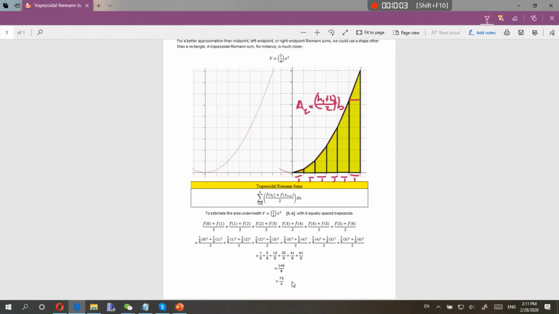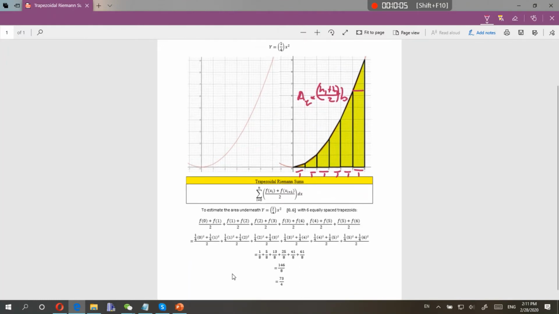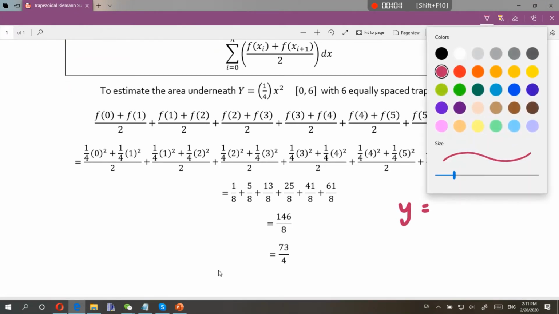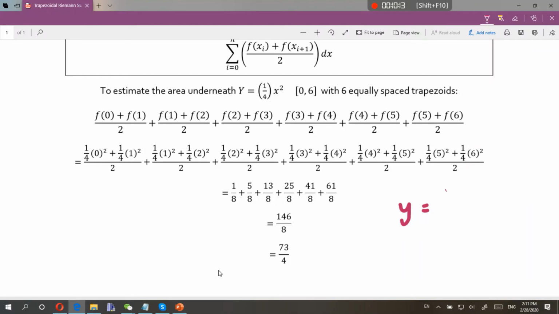Okay, just to see how close this is. Our function was y equals x squared over 4. If we integrate, like what we did for the homework, x squared over 4 in terms of x, I'll get x cubed over 12. So if I wanted to figure out how much the area changed from x equals 0 to x equals 6, what's the area underneath the curve from 6 to 0?